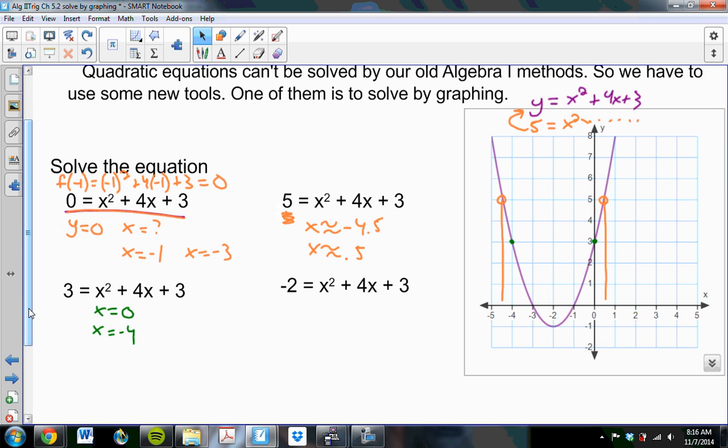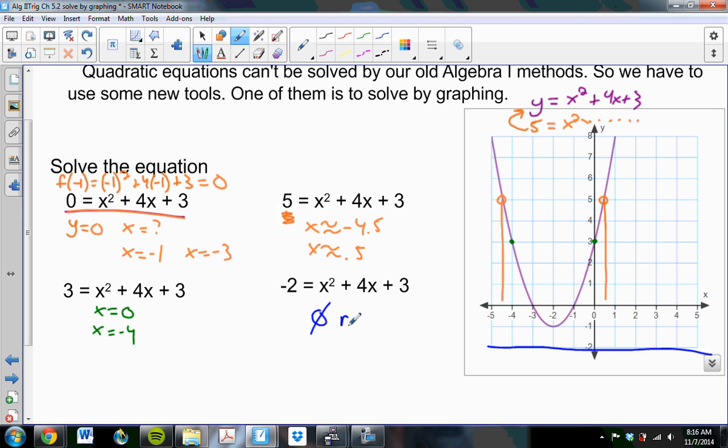Where is there a y value of -2? Here's the line y equals -2. My graph never actually has a y value of -2. I can never plug in anything for x to get a -2 for y. This has no real solutions. This one cannot be solved. It's just not possible.